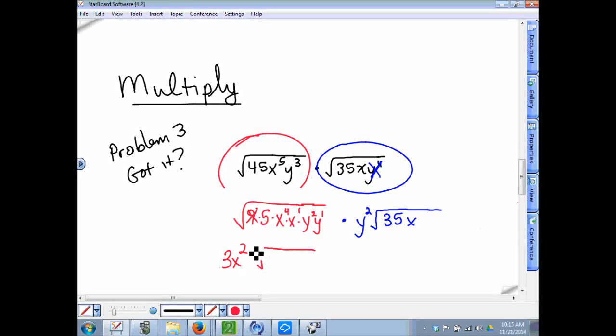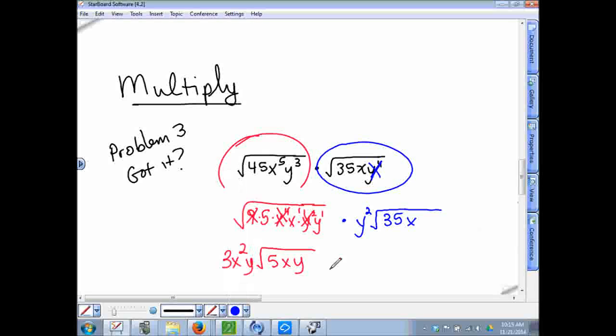And then we're going to have an x squared. And then we're going to have a y. What are we missing here? There's a 5 and an x and a y. Now we're going to hold off on the absolute values until we're done with the entire problem.